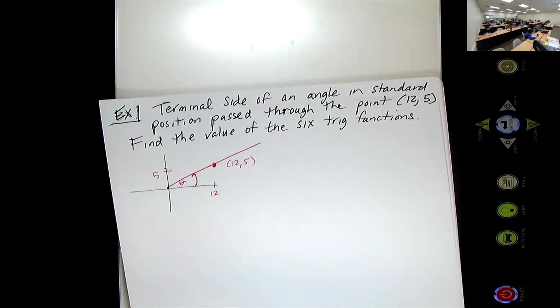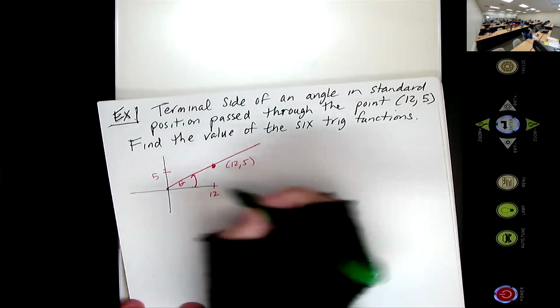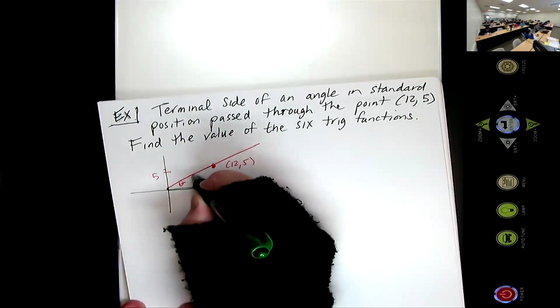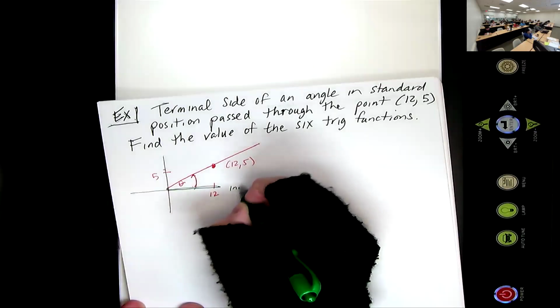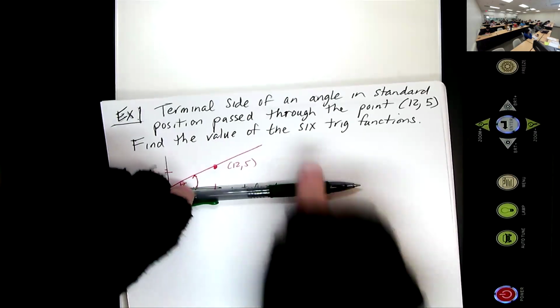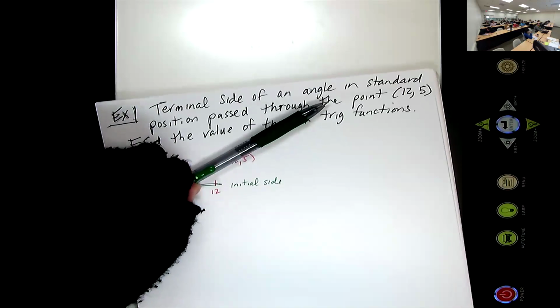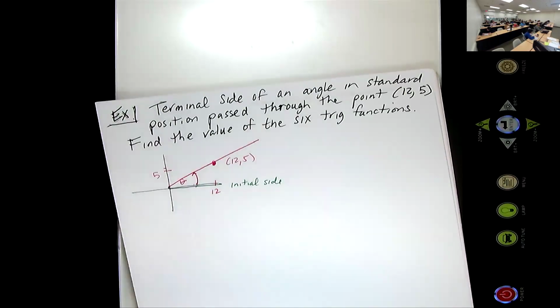Now we need to pull some information from this. Terminal means where the angle stops. Standard position means it starts here, and it rotates a certain amount; this is the initial side. Terminal means end, so where it stops.